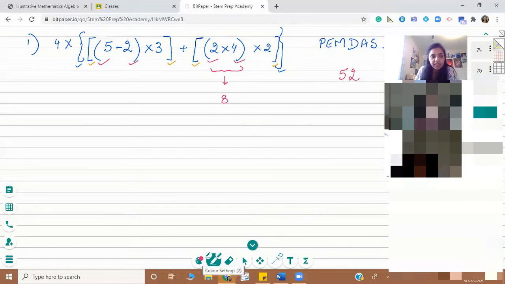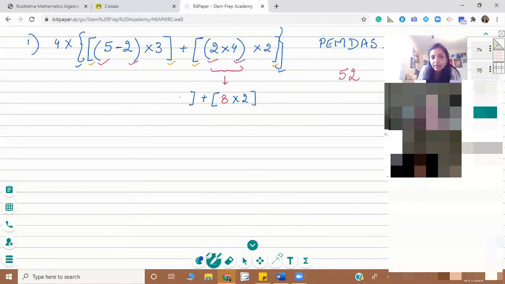Yeah. Okay, let's just bring everything else down first. So this becomes 8. And over here, I am left with this parenthesis plus over here, I am still left with this. Adhav, please listen and try to understand.